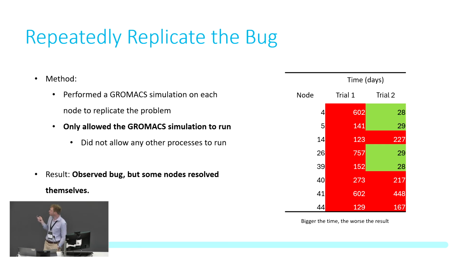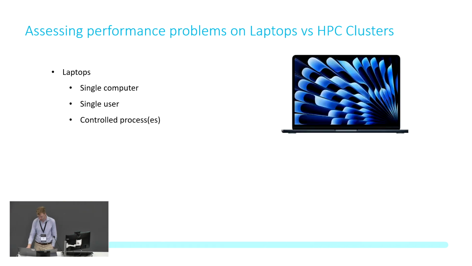But in this case, we were quite lucky that we had 3 nodes that were always acting poorly, so we decided to focus on those nodes to figure out the problem. Something I came to realise from this process, particularly doing this repetition on all the nodes, was how different it is to assess performance on a laptop versus an HPC.